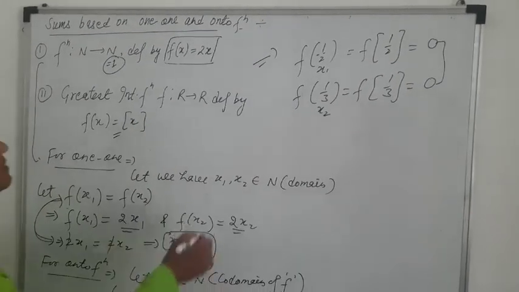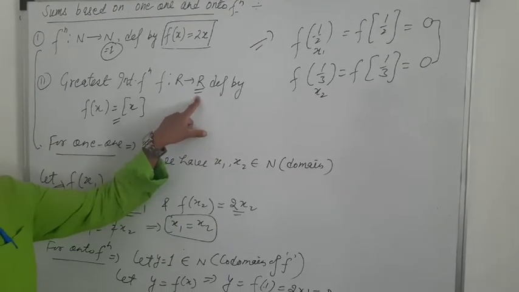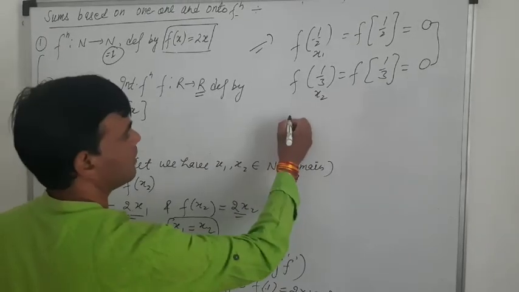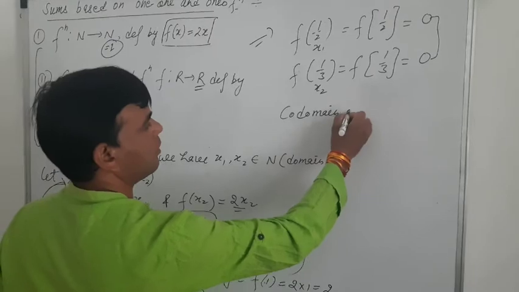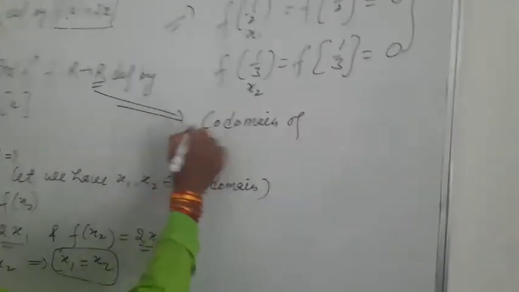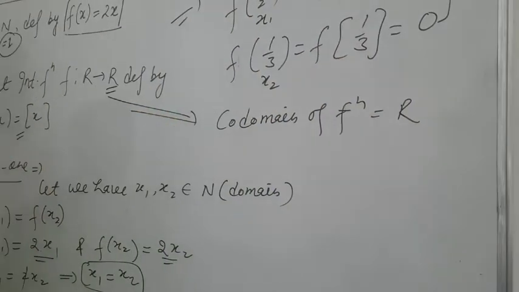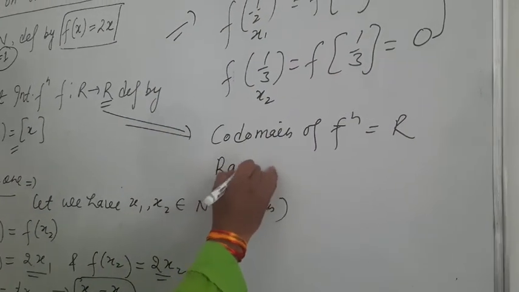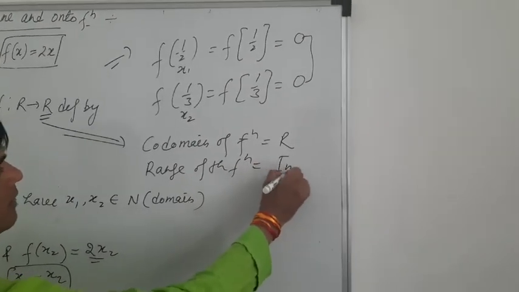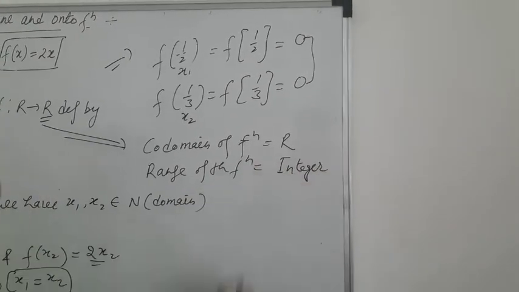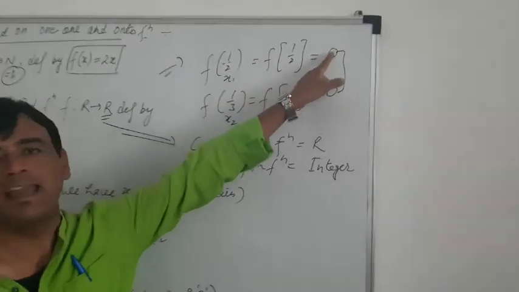Similarly here, you can say that the codomain of the function is the set of real numbers, but the range of the function is always an integer, because you better know that the value of the greatest integer function turns into an integer.